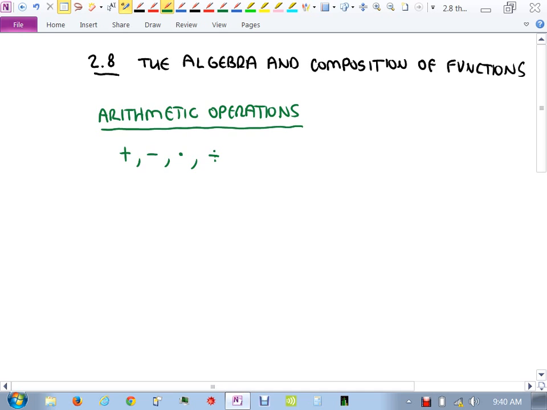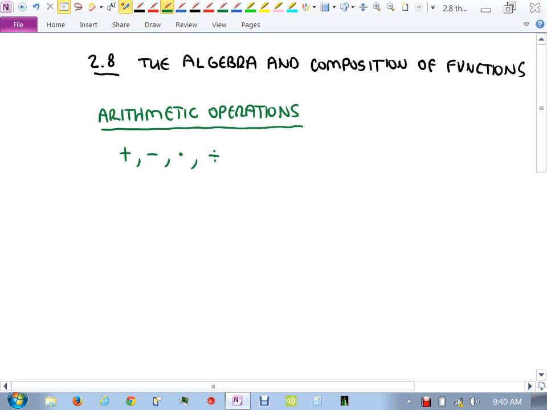I'm using a dot for multiplication instead of the little x. Those are the 4 arithmetic operations. If you have 2 numbers, you can always add them, subtract them, multiply them, or divide them.